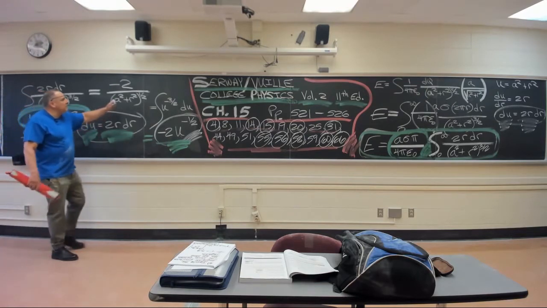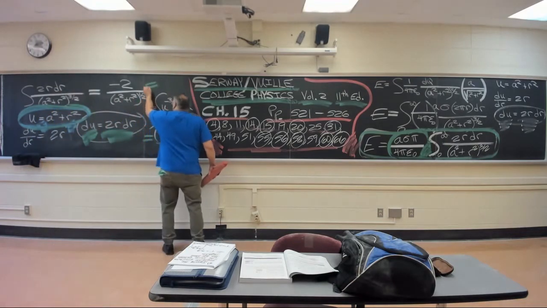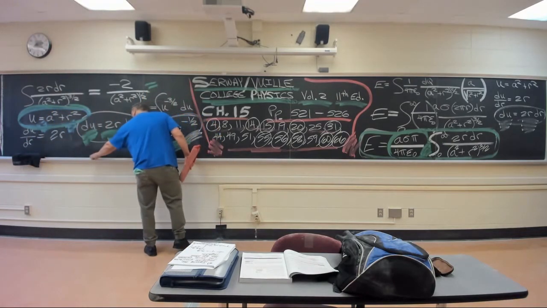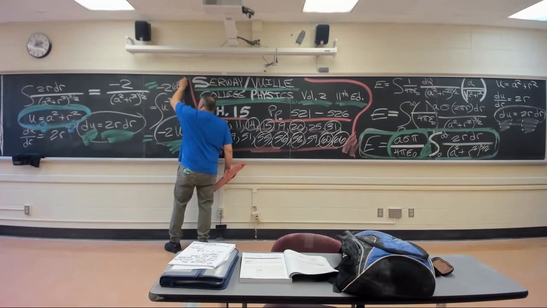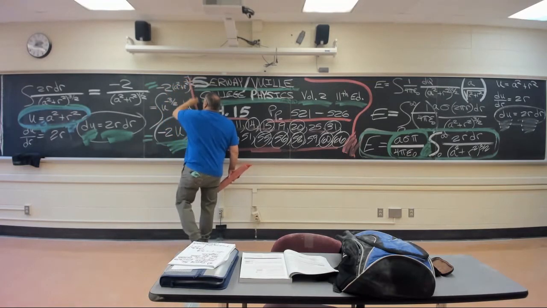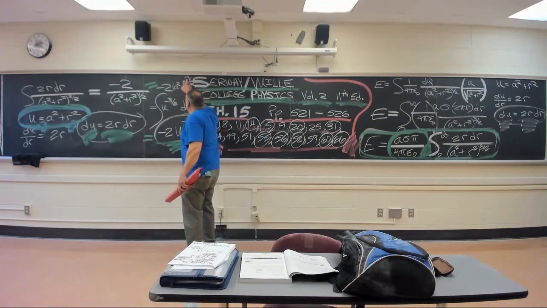If you took the derivative of this guy, which is the same as a squared plus r squared to the -1/2, by the power rule I would take the negative, and I'm going to do the chain rule also.